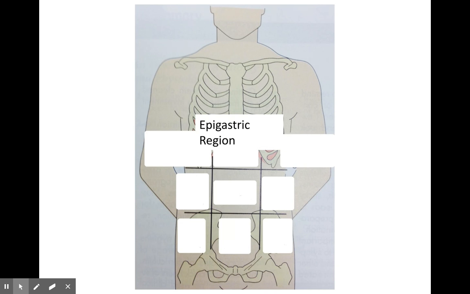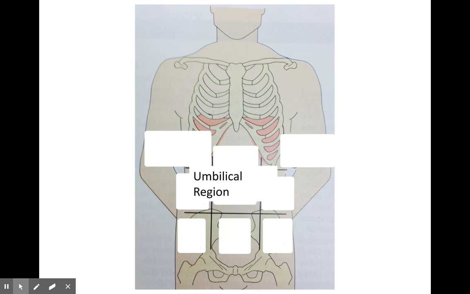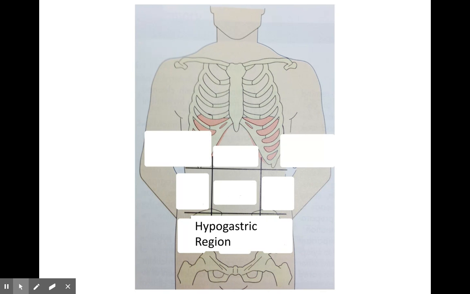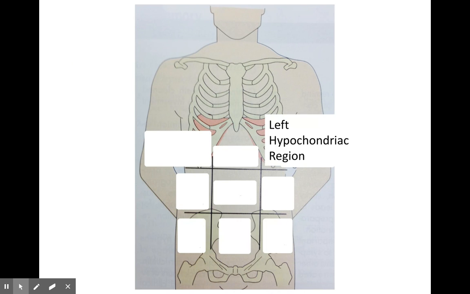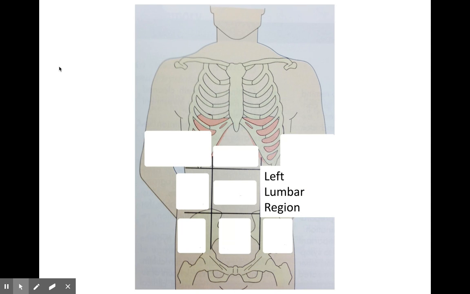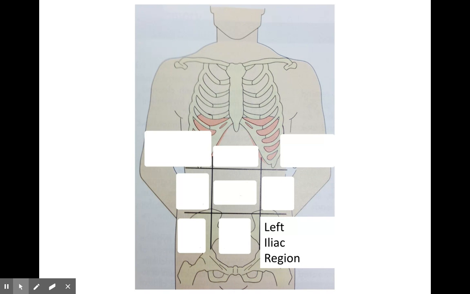Down the middle, we have an epigastric region, an umbilical region, and a hypogastric region. The left side is basically a mirror of the right side. So that would be the left hypochondriac region, left lumbar region, and left iliac region.